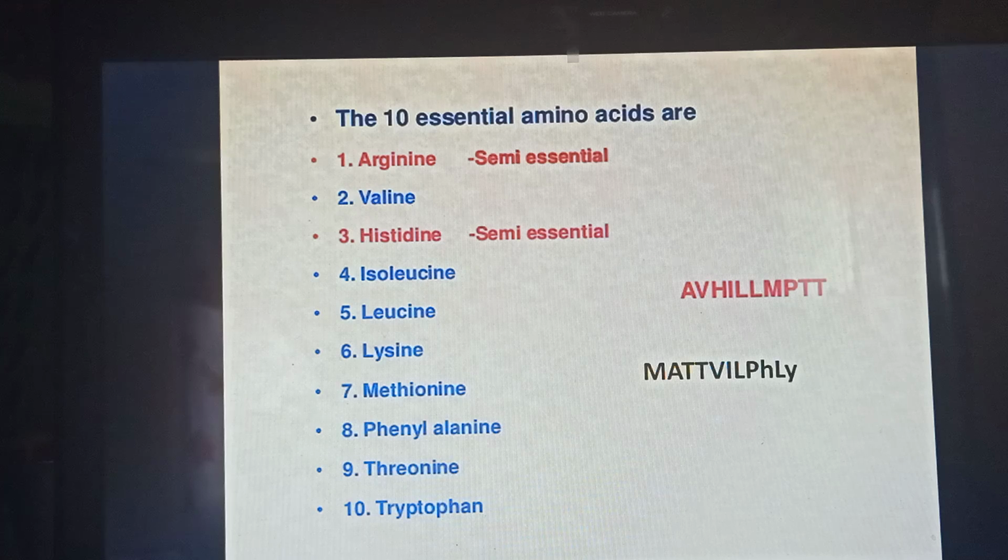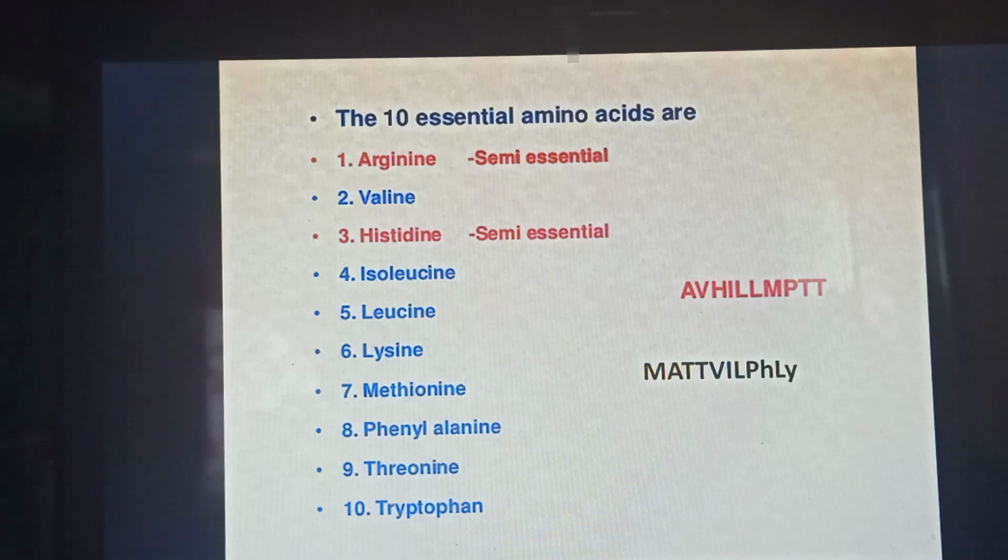Essential amino acids, 10 are there. An easy way to remember the 10 essential amino acids is "mat will fly". M stands for methionine, A arginine, T threonine, T tryptophan, V valine, I isoleucine, L lysine, PH phenylalanine and LY lysine.